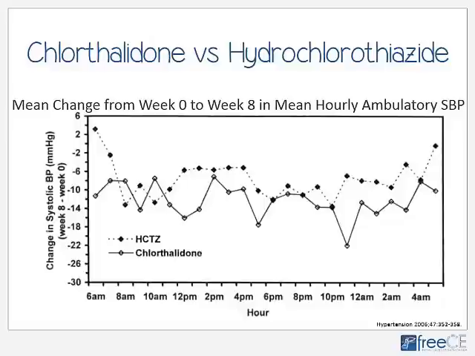There is often a reported high incidence of myocardial infarctions or cardiovascular events that occur in the early morning hours, which might be why chlorthalidone is slightly more protective. And you can see that that difference really persists throughout the day. There's a greater change in blood pressure with chlorthalidone than HCTZ for almost 24 hours.